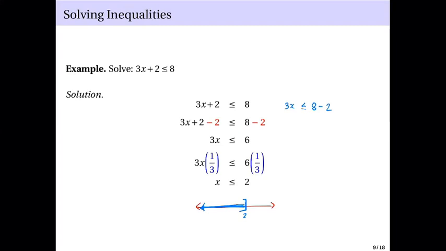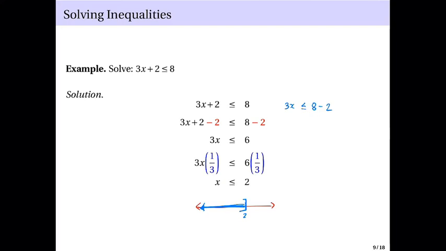Okay, so this is the corresponding transposition step. So you can do this instead of doing this. But again, this transposition here is proven by the addition property of inequality. Meaning this is true because of the addition property of inequality.